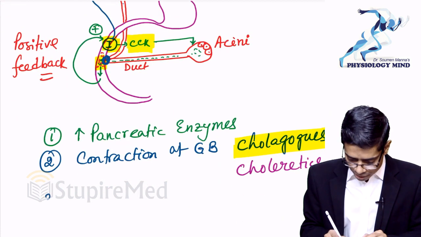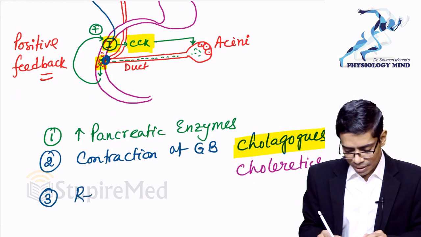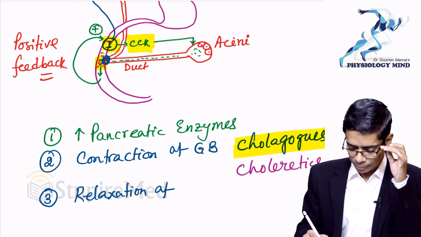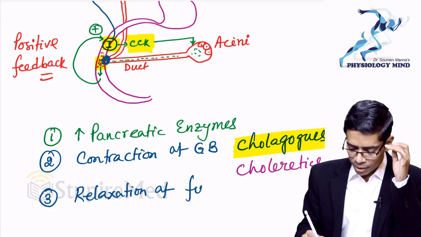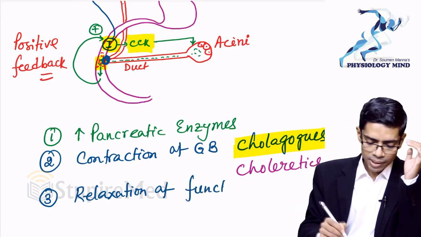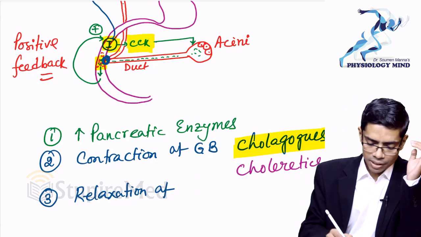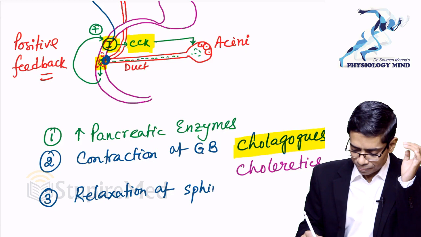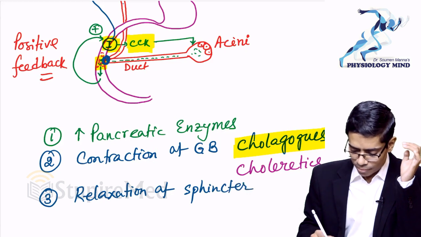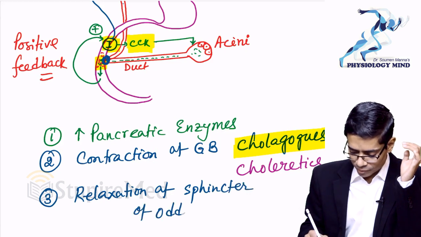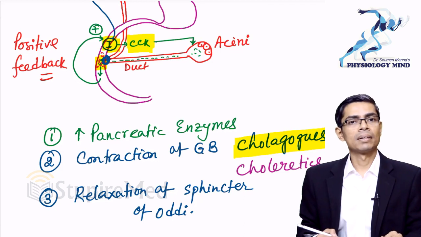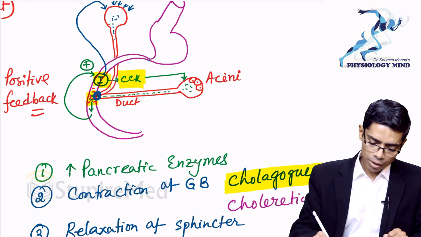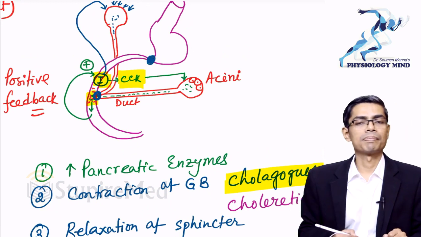So the third function of CCK is relaxation of the sphincter of Oddi, right. Not only that, you have to cause contraction of this pyloric sphincter.